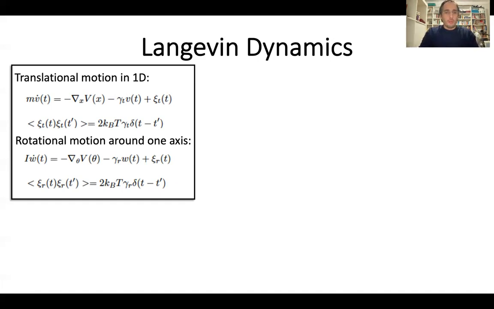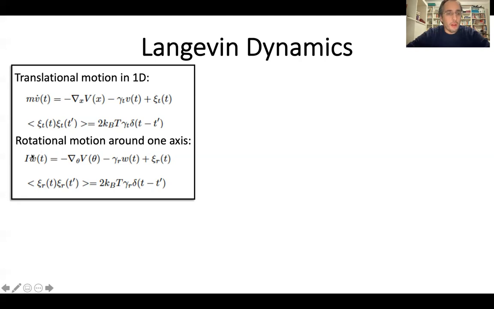The random force will be just a random number with a mean value of 0, and a variance that is related to the temperature and basically the diffusion coefficient of our particles.